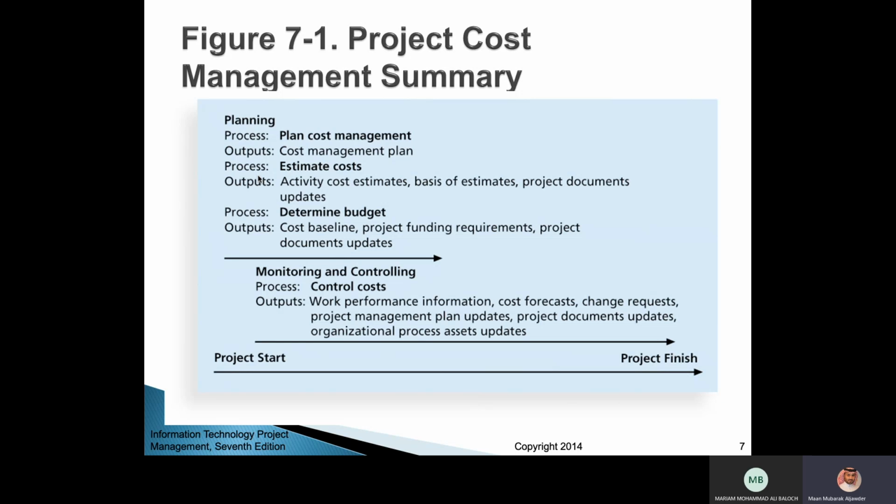Estimate costs, this is the process where you are going to estimate, and what you will get is activity cost estimates. The output will be a document, a list of activity cost estimates. You get the basis of estimates. How did you estimate that this will cost this, this will cost this?